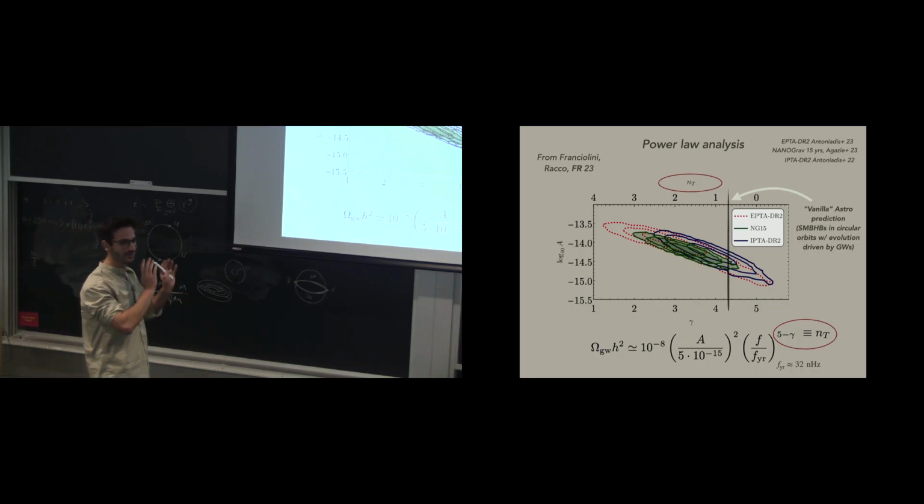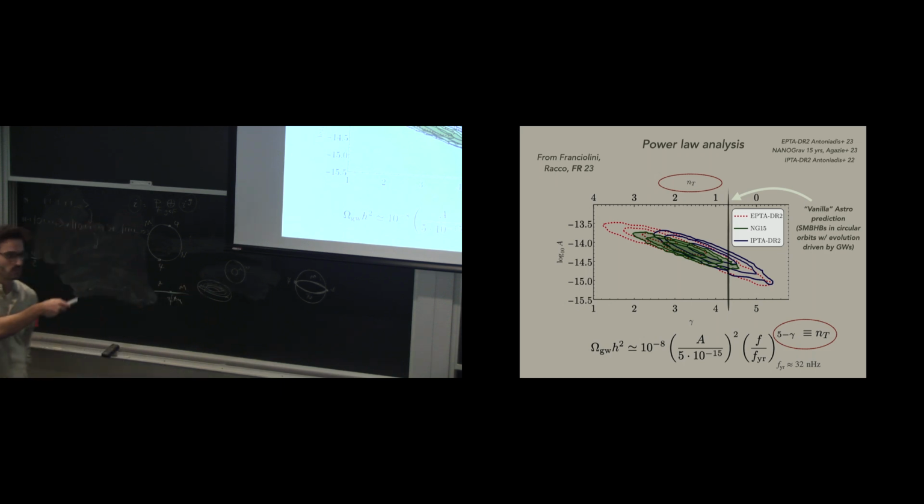I wouldn't be 100% trusting of these precise values that the collaborations are reporting, because there is a lot of modeling that enters in these posteriors. There are lots of noise parameters that you have to marginalize over, so I would take it as partial evidence that there is a background, and then the precise value of the amplitude might be a bit lower or a bit larger, I don't know.